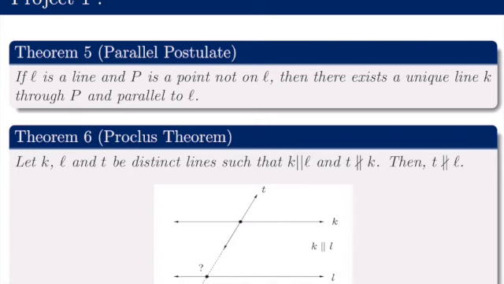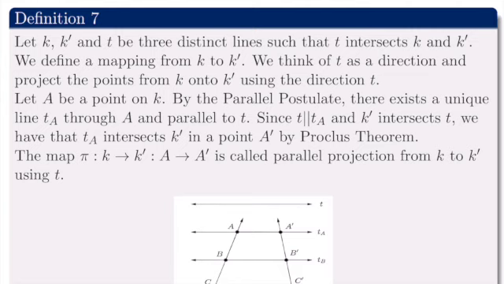All right, so now we're going to jump into a new definition. This definition is the parallel projection from K to K prime using T. So this looks like a bit of information, so let's take it piece by piece. Let K, K prime, and T be distinct lines such that T intersects K and K prime.